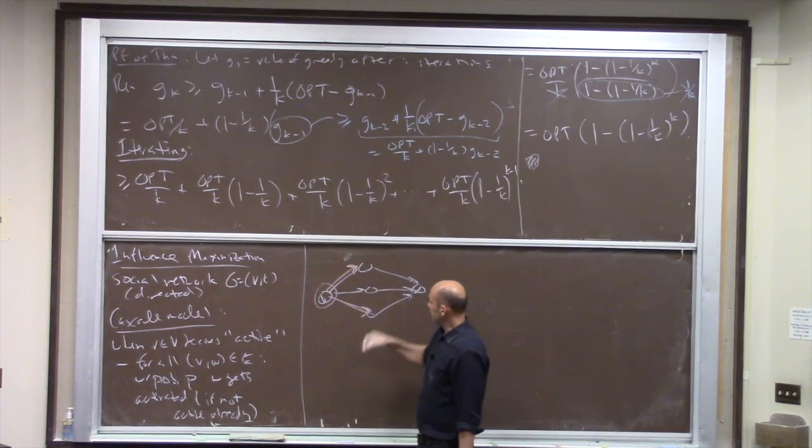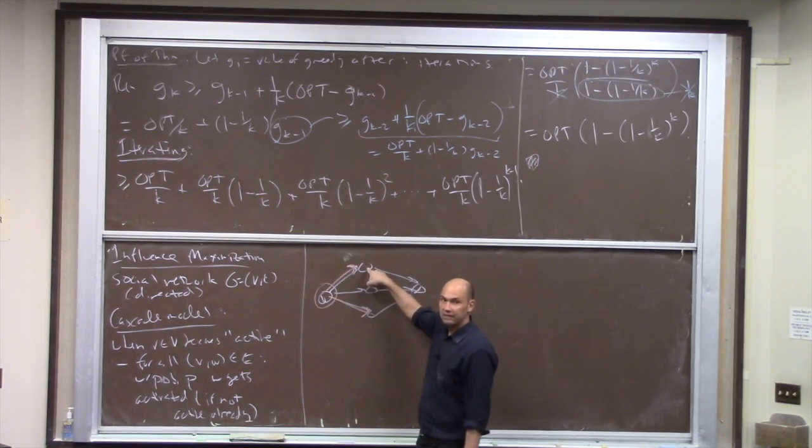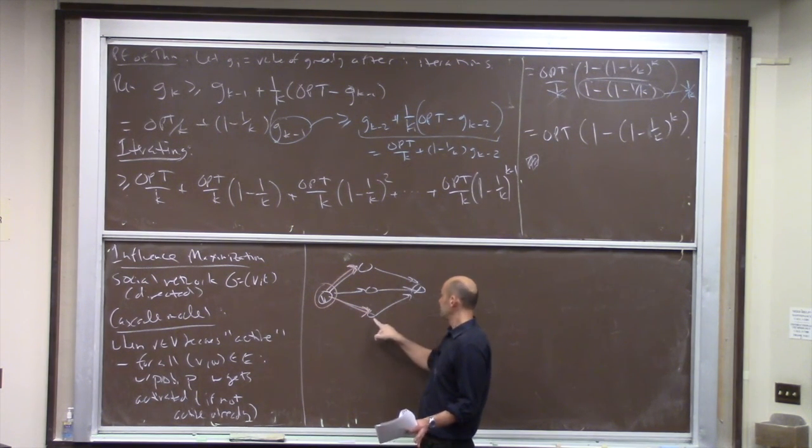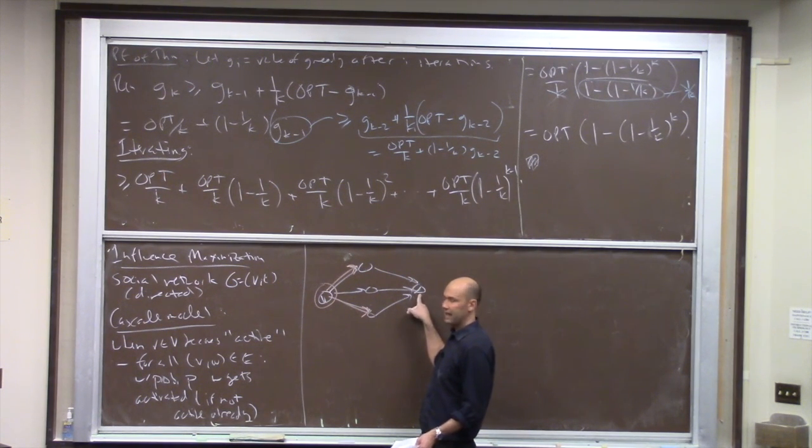So now in the cascade model, these 2 newly infected nodes also have an opportunity to infect people along their outgoing edges. For example, maybe this vertex fails to activate vertex X, but this vertex at the bottom has another chance to activate X, and maybe in that case it succeeds.